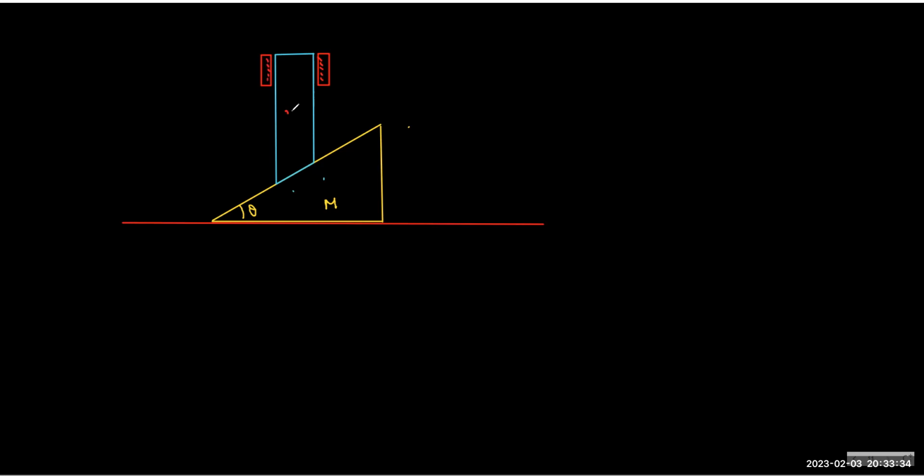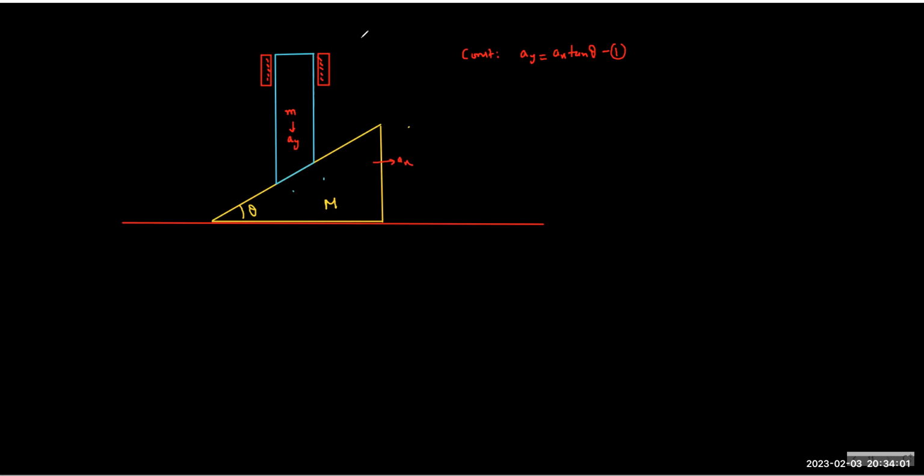So what I said is this is M, and we know this will go down with AY and this will go right with AX, right? And what is the constraint relation? AY was AX tan theta, which, if you don't remember, go and check.